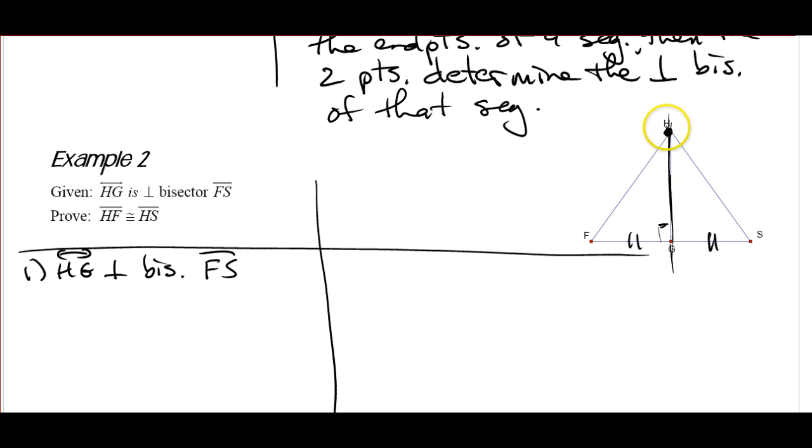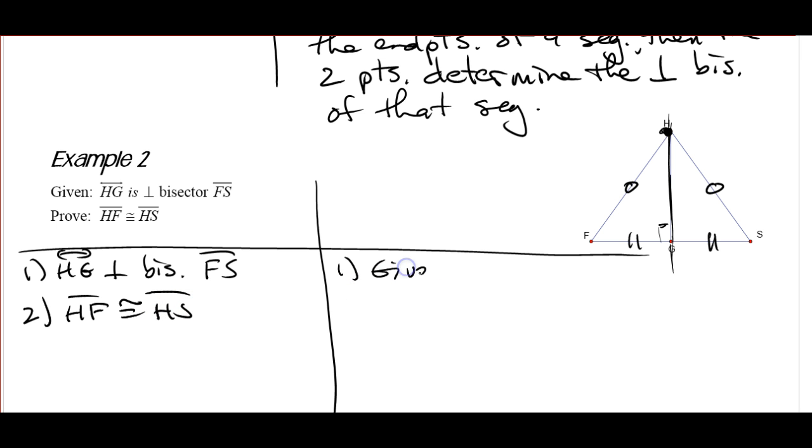And I have a theorem that says, well, if there's a point that's on the perpendicular bisector, then it has to be equidistant from the endpoints of the segment that it's perpendicularly bisecting. So that means that this segment has to be congruent to this segment, which is what we want to prove. So HF is congruent to HS.